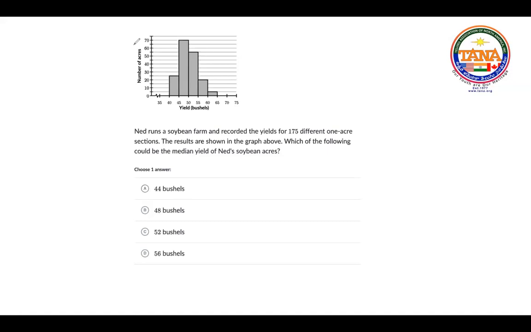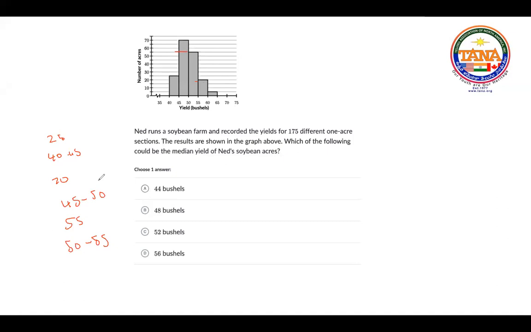All right. So when you order the yields from lowest to highest, you have 25 that are between 40 to 45. You have 70, I believe, that are between 45 to 50. And you have, I believe, 55 from 50 to 55.